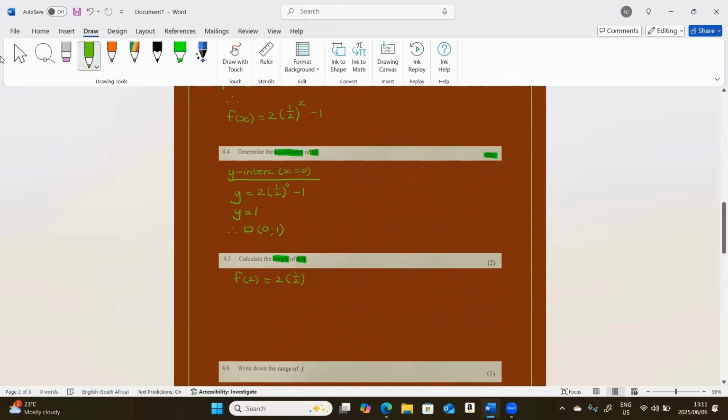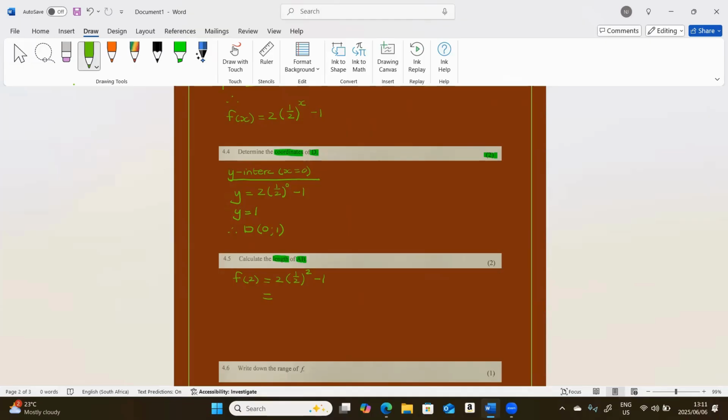In our standard formula over here, we need to replace this x value with 2. So we are going to say a half to the power of 2, minus 1. When we get this answer, just type it into your calculator and you will have the corresponding y value where x is equal to 2 in the function f.